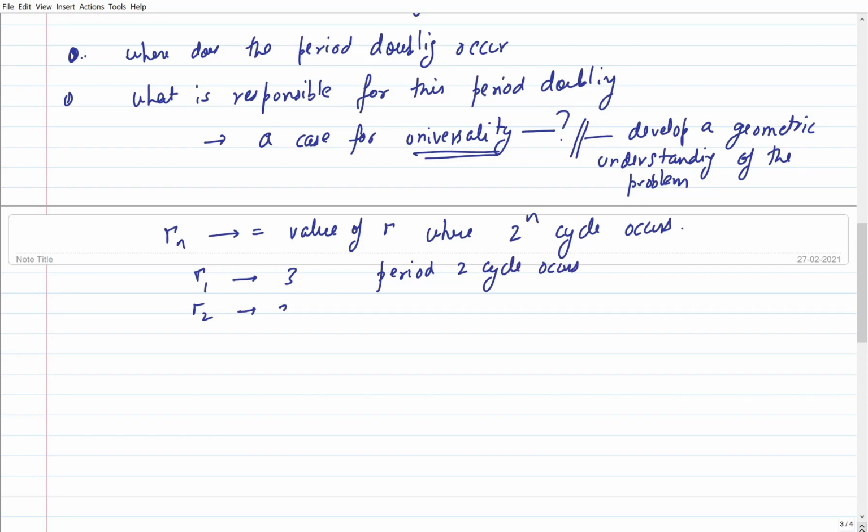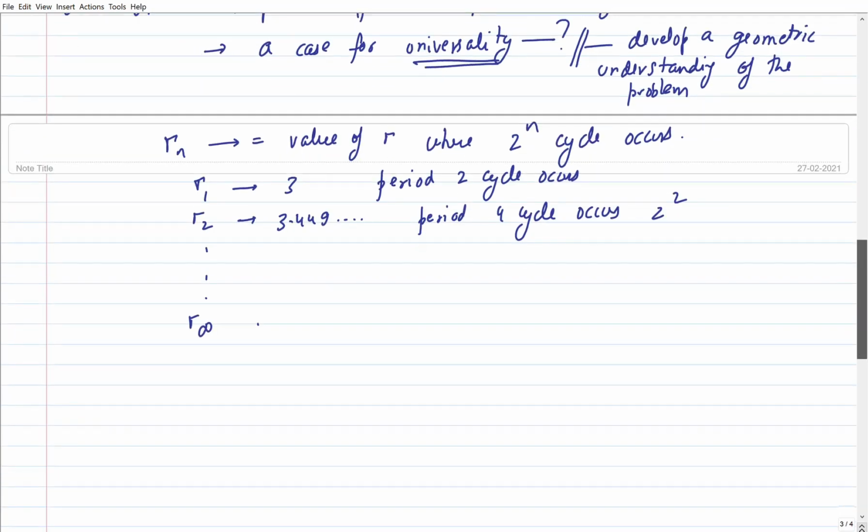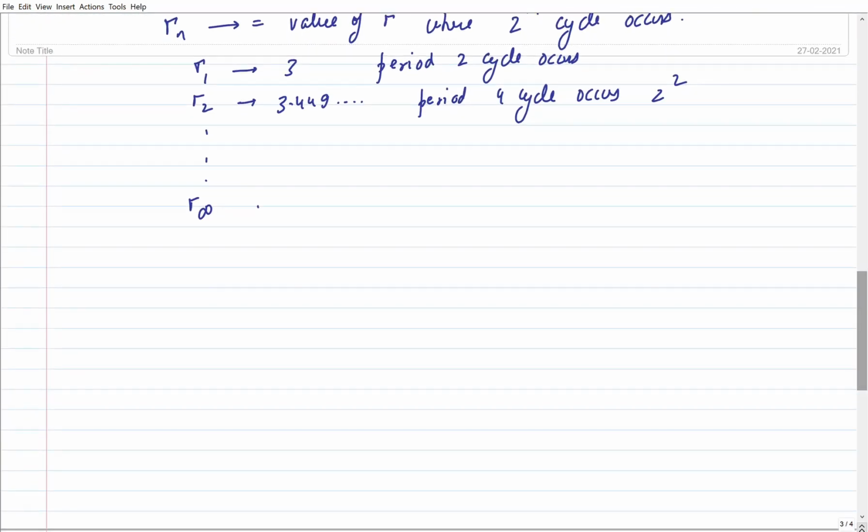R2 was 3.449, where the period 4 cycle occurs. This is 2 to the power 2. So on and so forth till R infinity. So we are going to look at that in some detail as well.